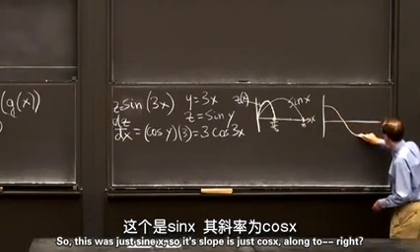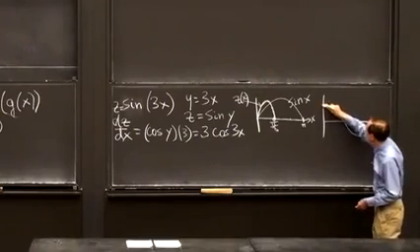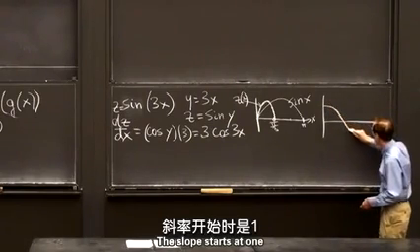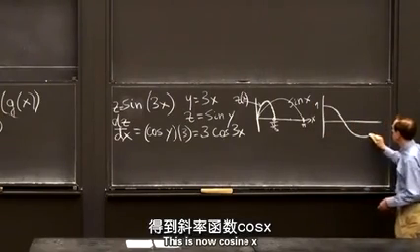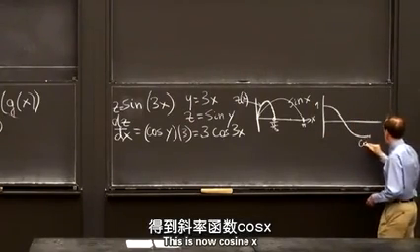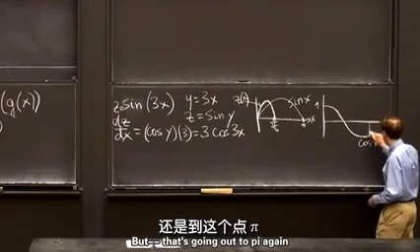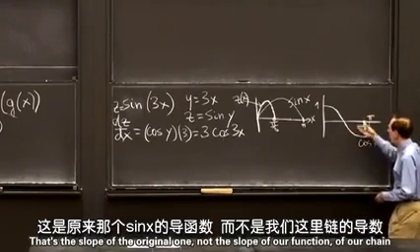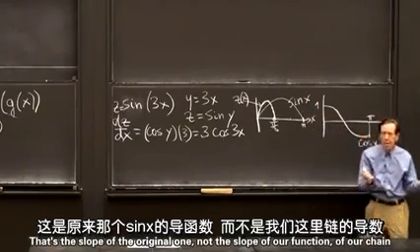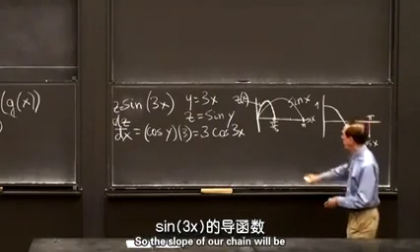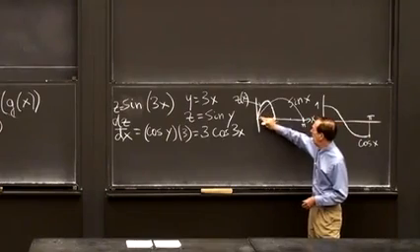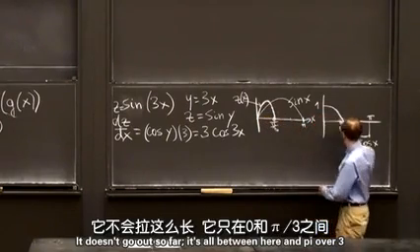Along to, right? The slope starts at 1. This is now cosine x. But that's going out to pi again. That's the slope of the original one, not the slope of our function, of our chain. So the slope of our chain doesn't go out so far.